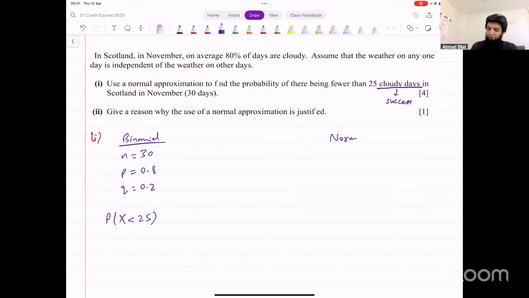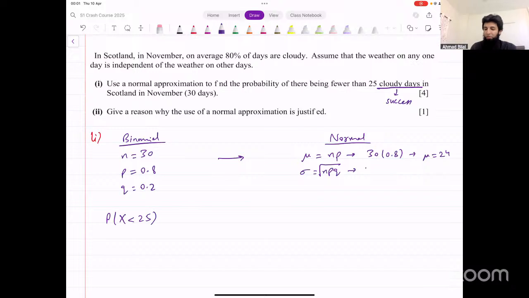We've got formulas for mean and standard deviation. What's the mean formula? Mean formula is n times p. So it becomes 30 times 0.8, which is 24, right? Mean equals 24. And then standard deviation is the square root of npq.